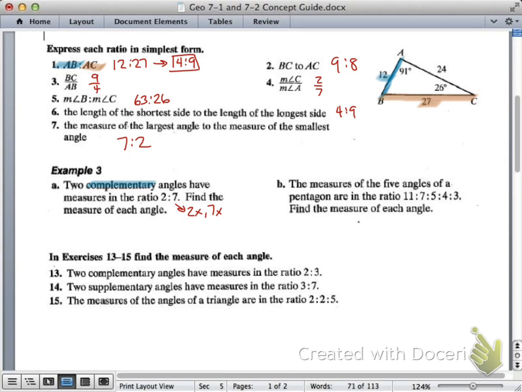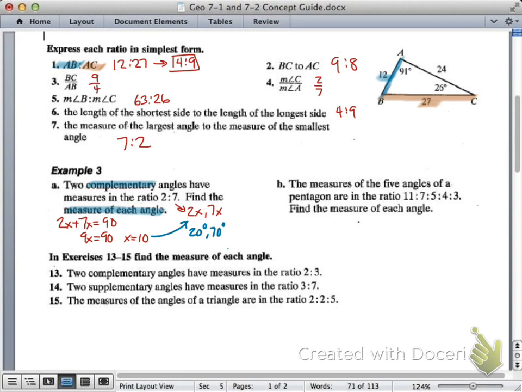So if our two angles are represented by 2x and 7x, they're complementary, we can write this equation: 2x plus 7x equals 90 degrees. So 9x equals 90, so x equals 10. But that's not what the question is. The question says to find the measure of each angle, so you just got to plug the 10 back in.